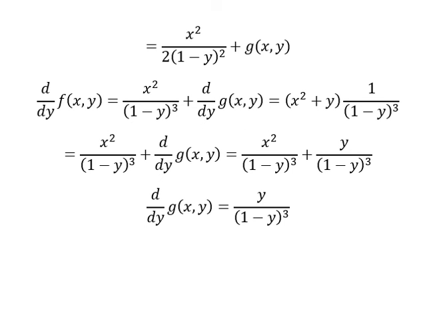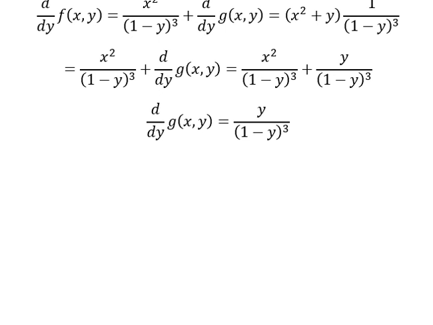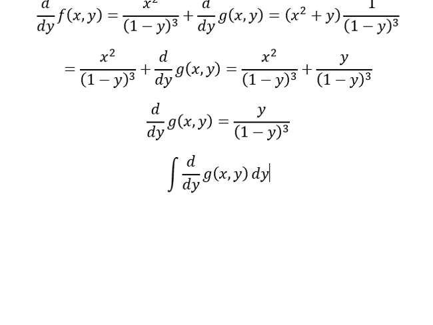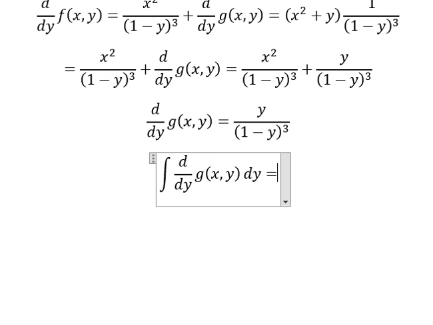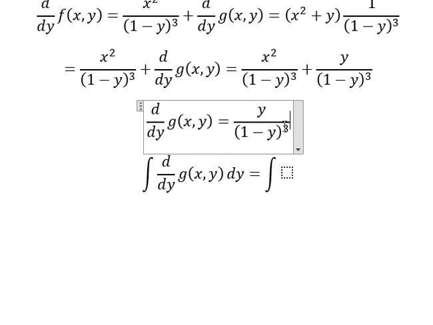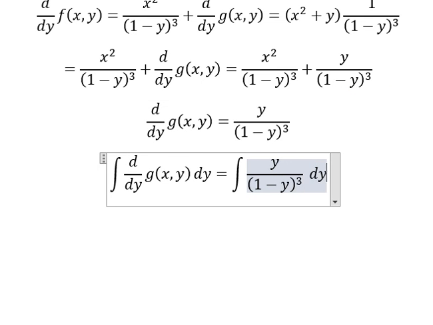Next, we put the integration for the both sides. Now, I will concentrate about this one.